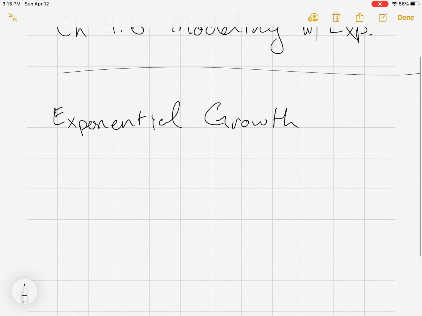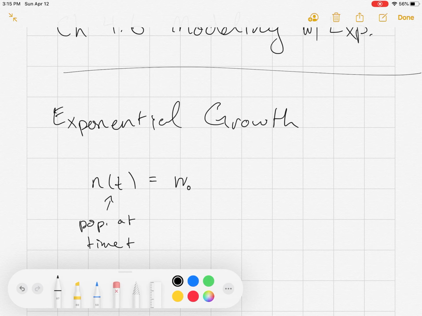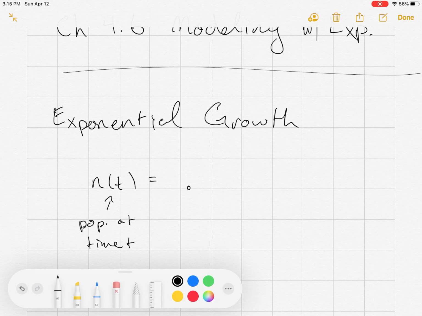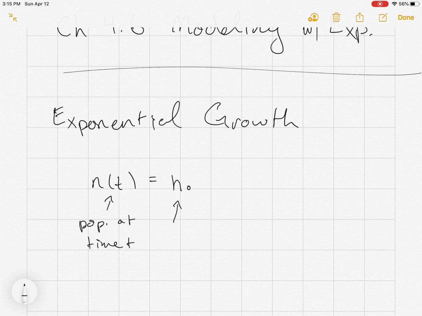The standard formula for an exponential growth function is N of t, which is our population at time t, and that is going to be equal to N naught, which is our initial population, multiplied by e to the power of rt, where that r is our relative rate of growth.